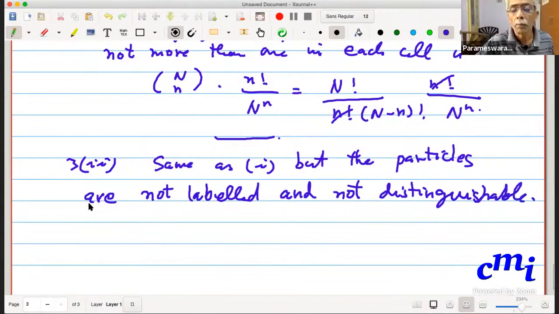So they are completely identical. You cannot tell them apart. So then the problem changes.